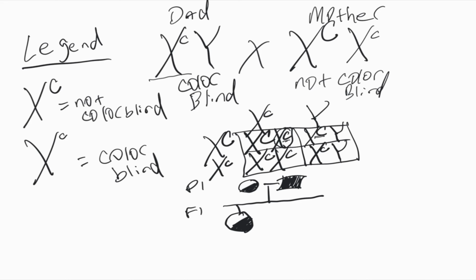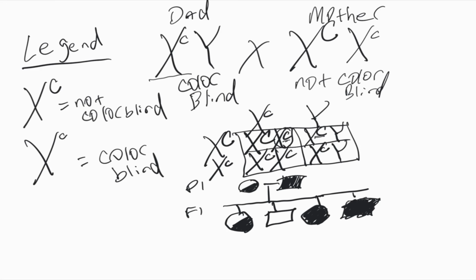This is the F1 generation. Child number 2, boy. Doesn't carry the gene, nor does he have it. Child number 3, girl. She is colorblind. And child number 4, boy. Students, he inherited the colorblind gene. He is, in fact, colorblind.